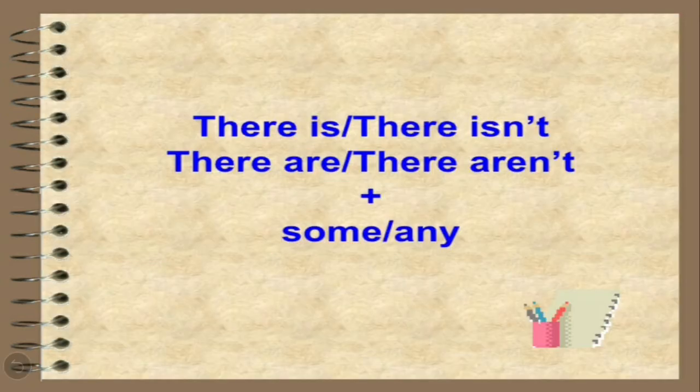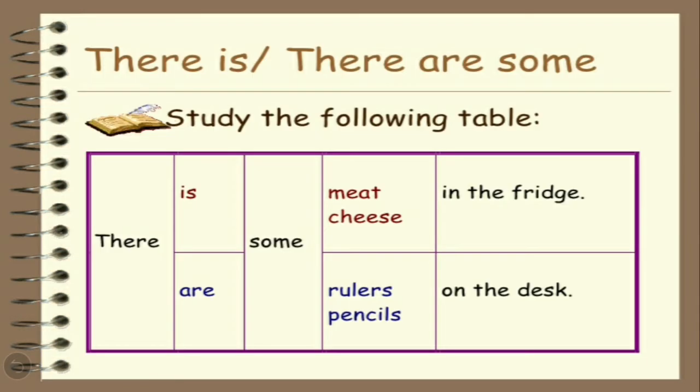Now children, how we use there is and there isn't, there are, there aren't, some and any. So now we will see where are these used in the nouns. So look at the following table children. There is some cheese in the fridge. Or when we talk about singular, we say there is some cheese in the fridge.